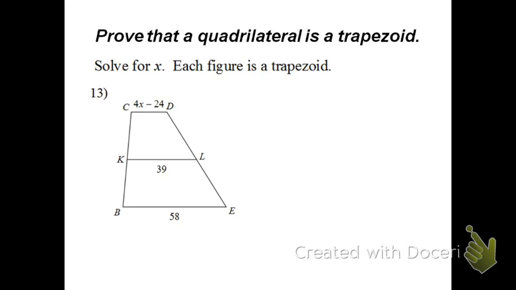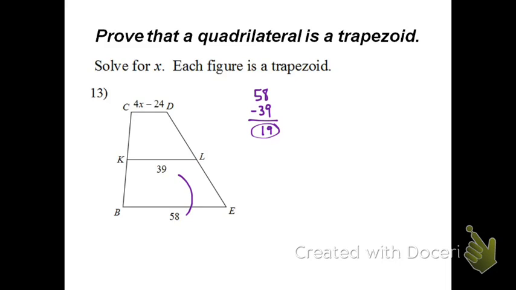Honestly, what I would probably do, kind of like what we did before, we know two of these sides. I would take the difference, what is 58 minus 39? Well, what is the difference? Oh, it's 19. Okay.